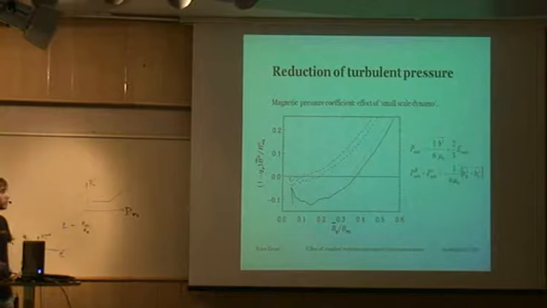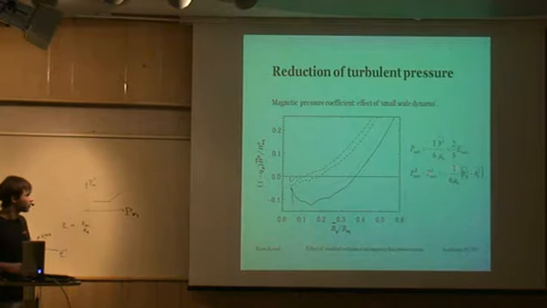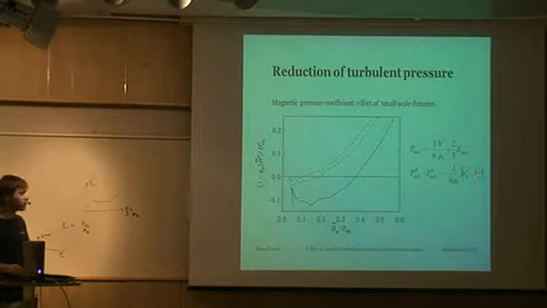Of course, if we want to see what the effect is, then we have to compare the pressure in a spot with enhanced magnetic field and the area with no magnetic field around it. We have to look at the pressure difference. And you see that we generally have this negative feedback, but it can be reduced by presence of magnetic field which is already present without a mean field, the so-called small-scale dynamo field.